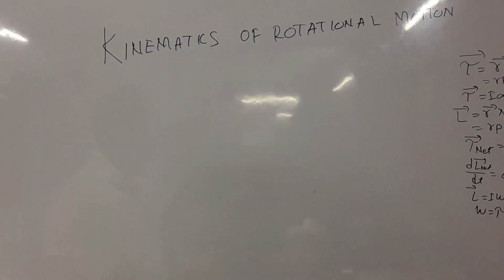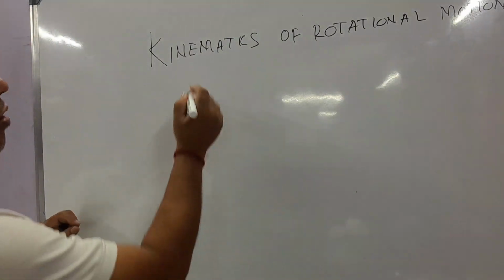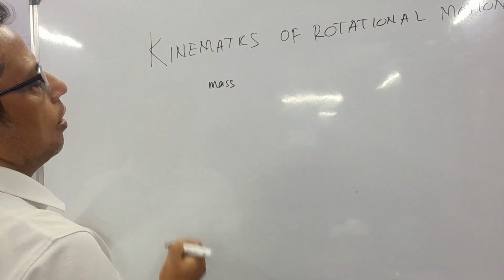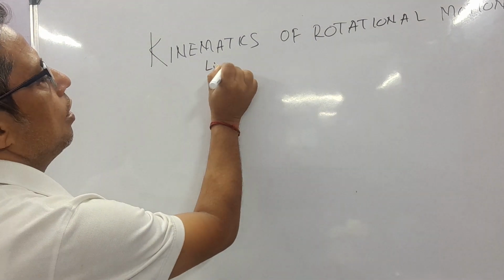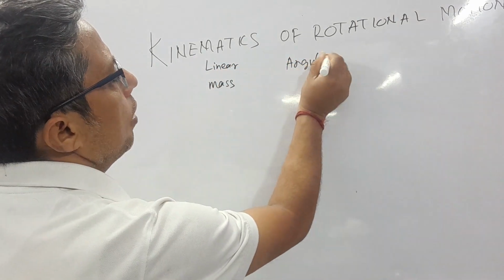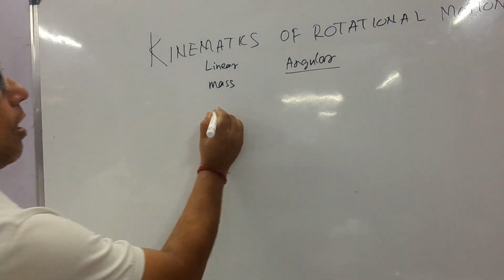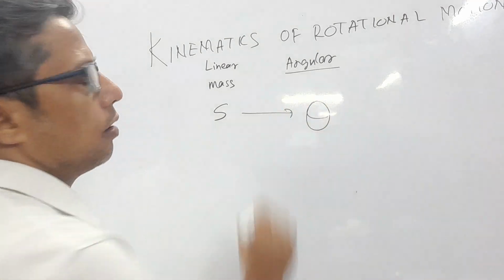Now let me show you the combinations. We know mass. This is linear and this is angular. Linear displacement is s, angular displacement is theta.